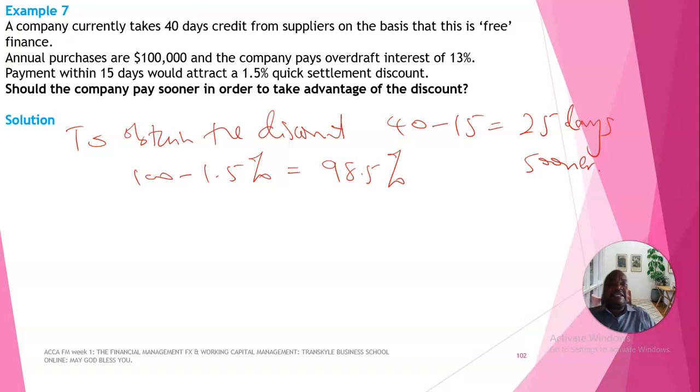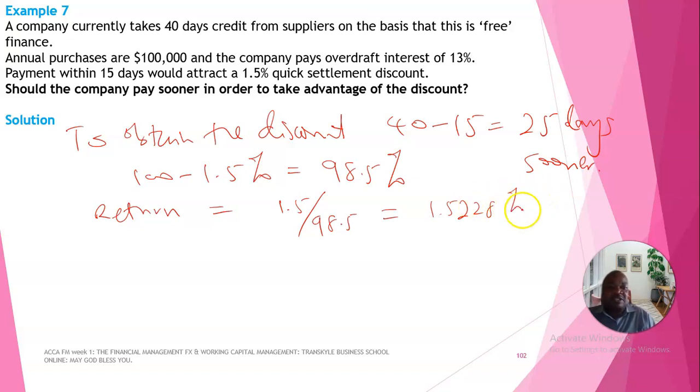So what is their return? If they take the discount, the return would be 1.5 over 98.5, right? And this gives around 1.5228%, right?